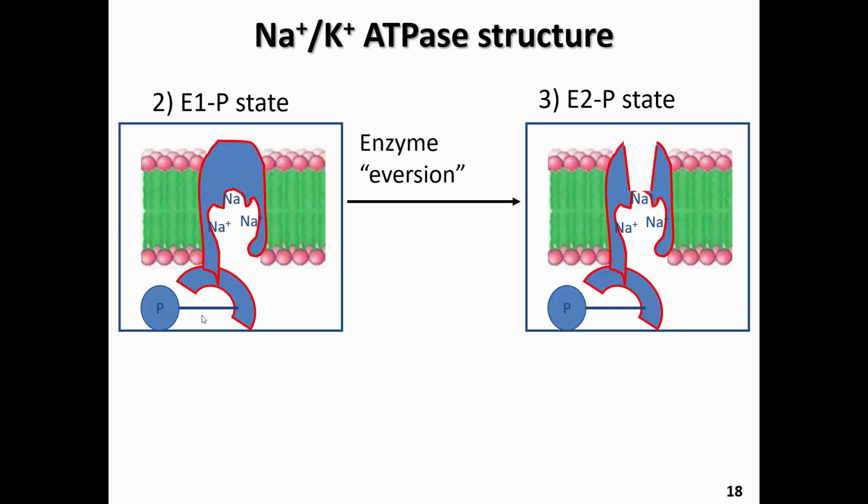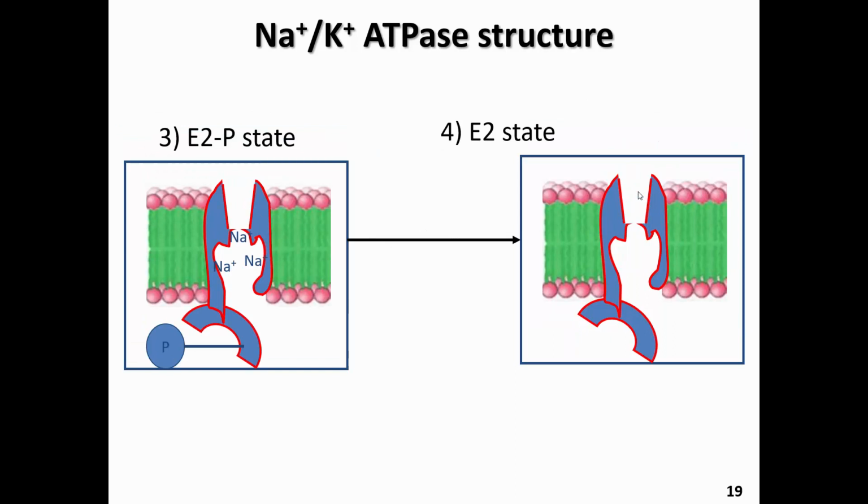Following this hydrolysis, the enzyme will undergo what's called an eversion and will change shape so that the sodium ions bound to the enzyme will have the opportunity to escape into the extracellular medium, and the phosphorylated state will change the affinity between sodium and the protein.